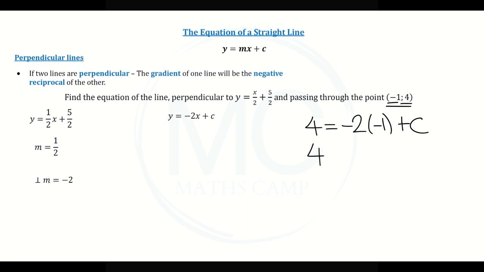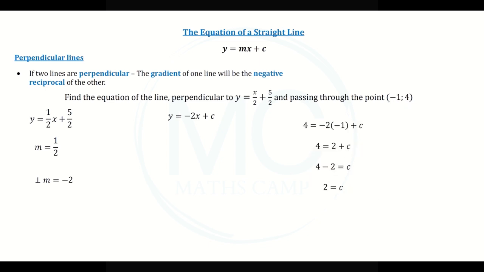Now we have 4 is equal to negative 2 multiplied by negative 1, which is positive 2, plus c. Let's move 2 to the other side, and we get 4 minus 2 is equal to c, which means that 2 is equal to c.